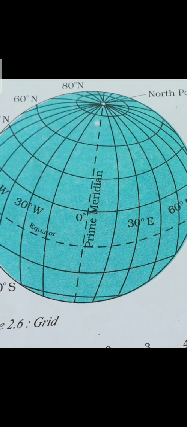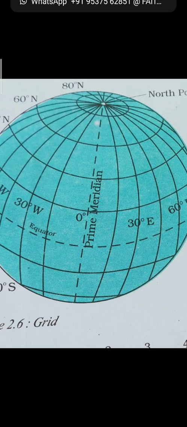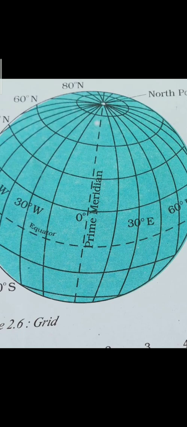Same way, from the prime meridian to your west, till you go half of the earth, that will be your 180 degree west.